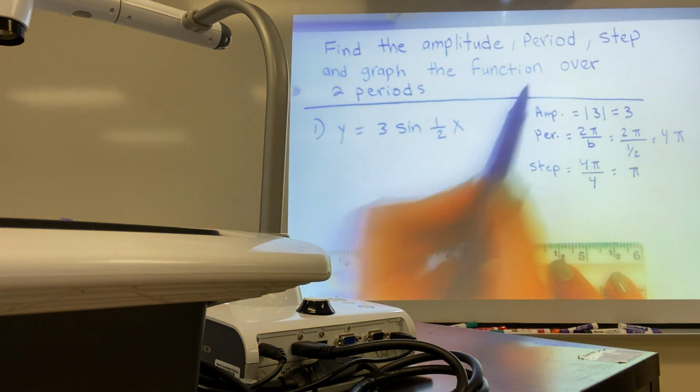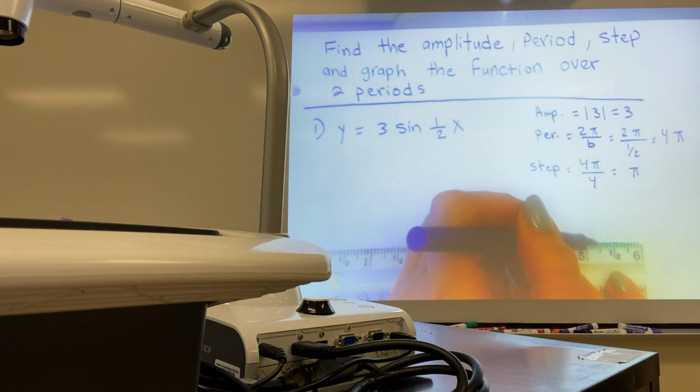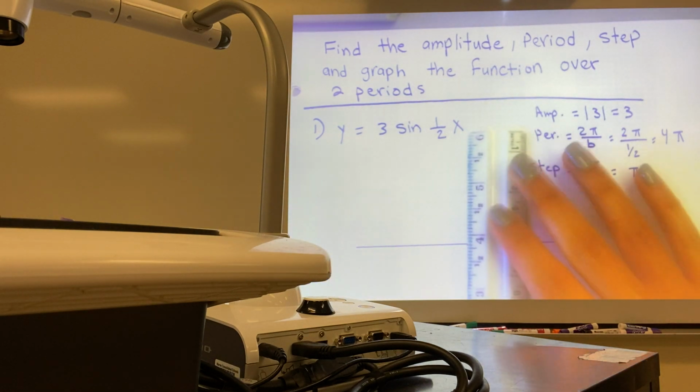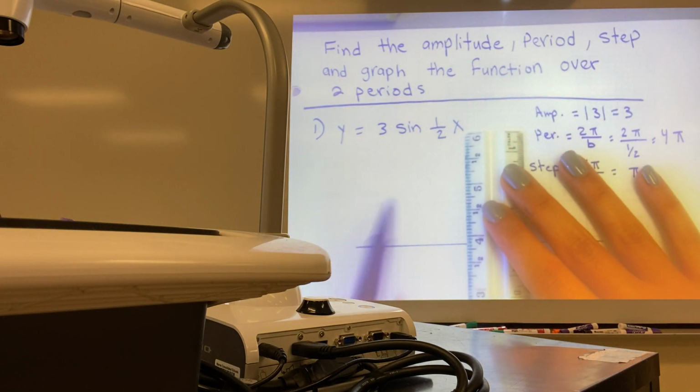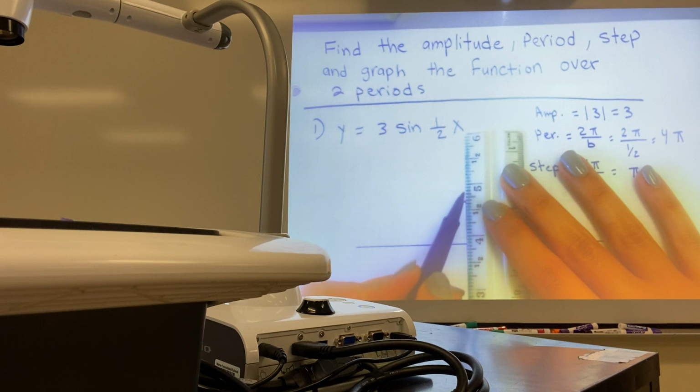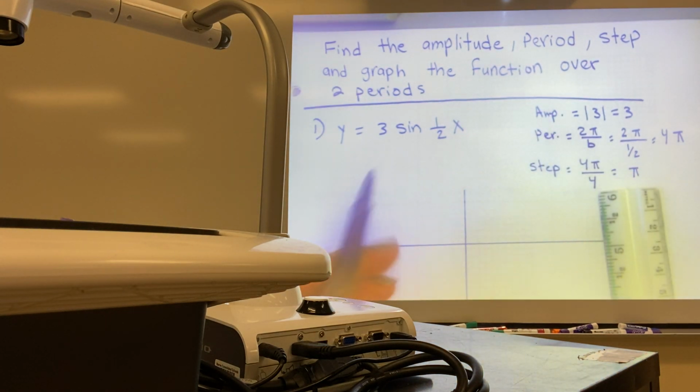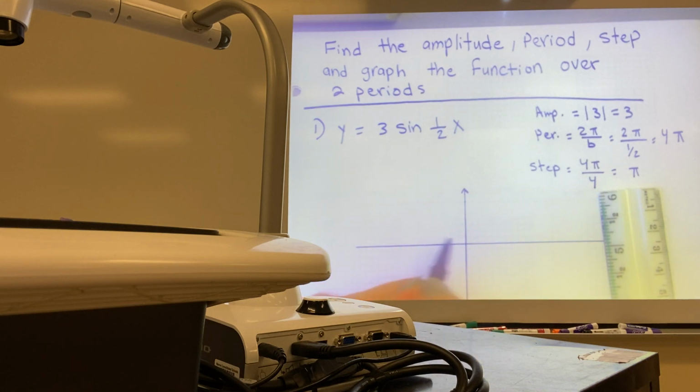And remember, we want to graph it over two periods. So we'll go one period to the right, one to the left. And since the amplitude is 3, my graph will go up to 3 and down to -3.